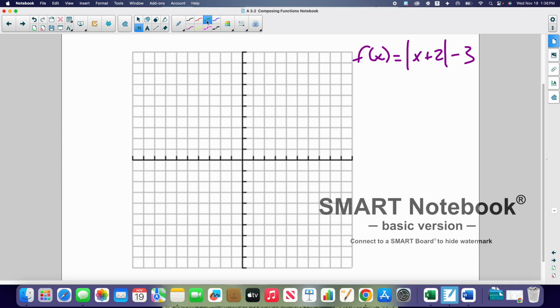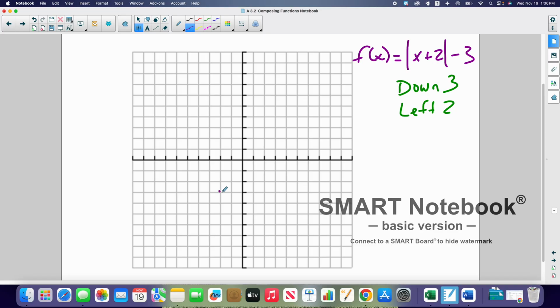Transformation. Somebody give me a transformation we see. Down 3. Okay. What else? Left 2. All right. What is the shape of this graph? It is a V. Absolute values have a shape of V. It's normally at 0, 0. The vertex would be. But it's been moved how?